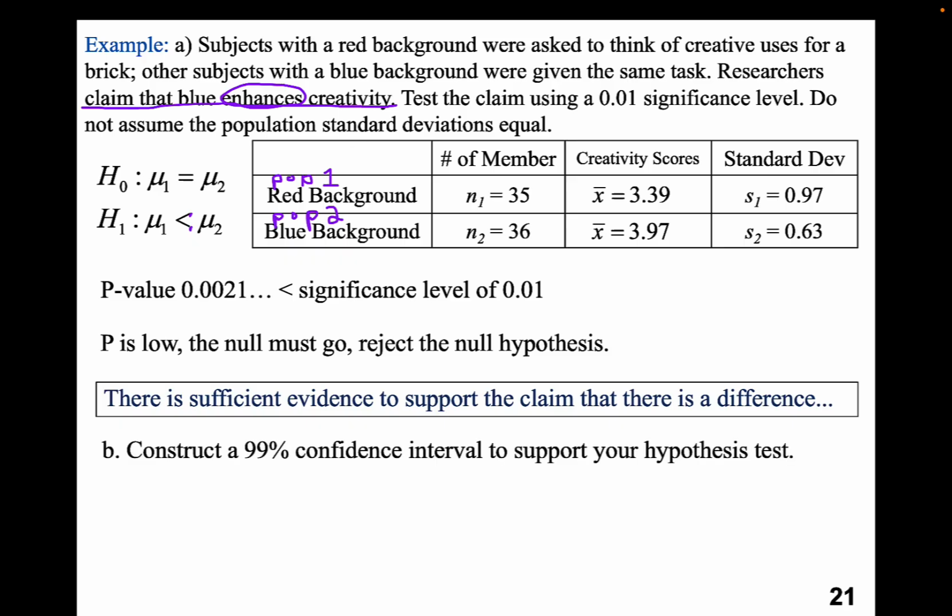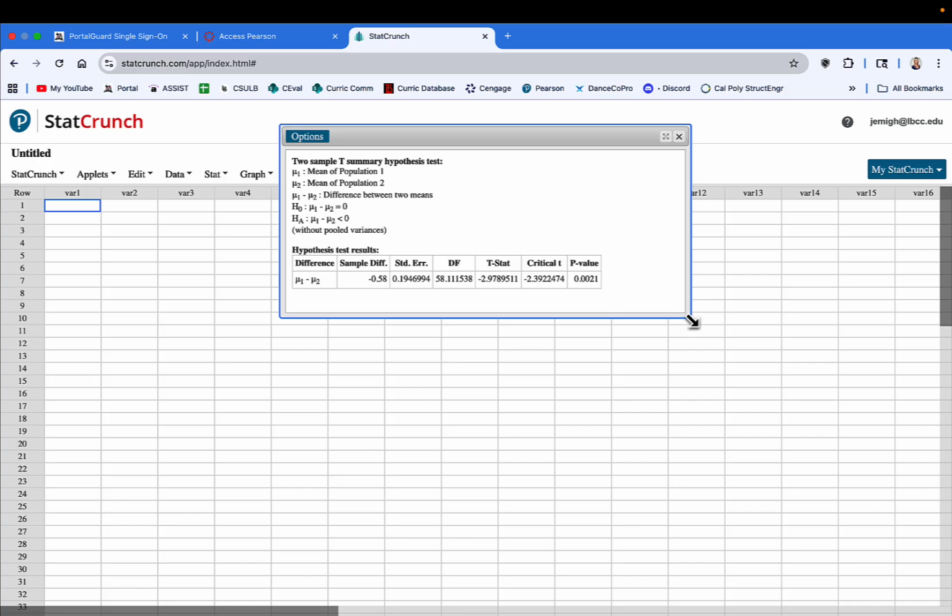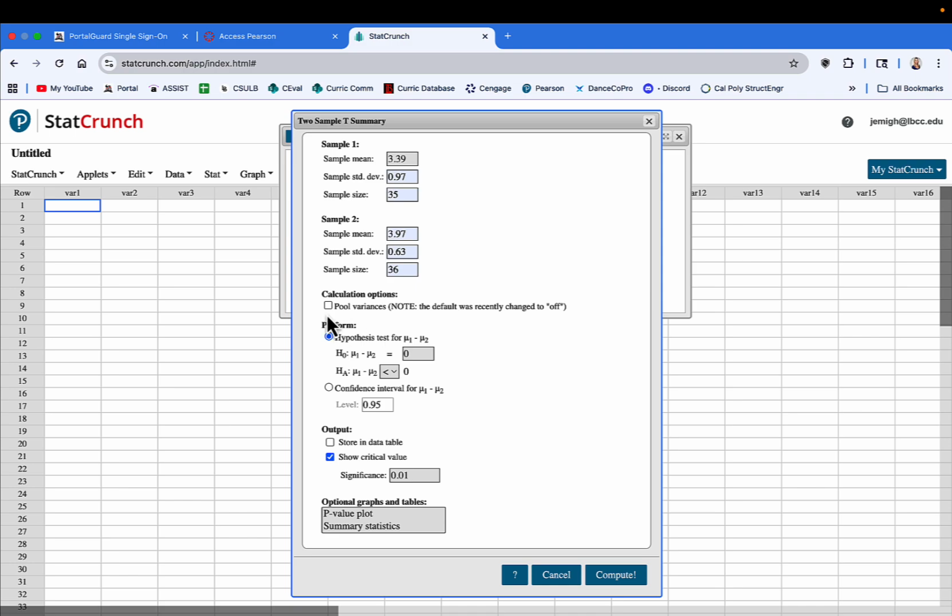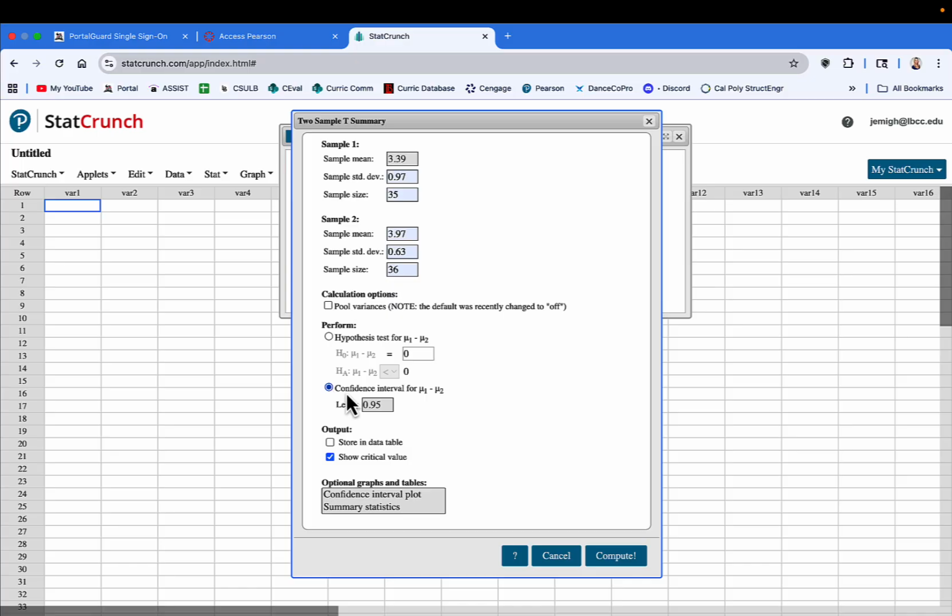All right. Part B, construct a 99% confidence interval to support your hypothesis test. All right, back to StatCrunch. Once back here in StatCrunch, we can just go to Options, Edit, and we go to the Perform part here. We're going to ask the program to construct a confidence interval instead. Confidence level, 0.99.